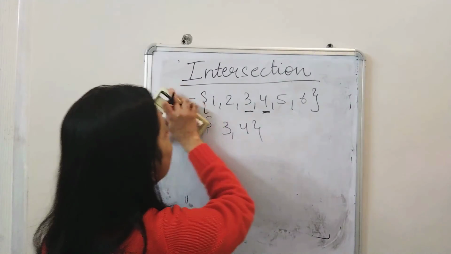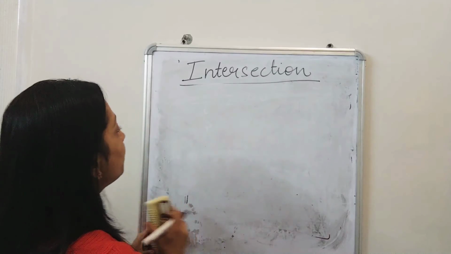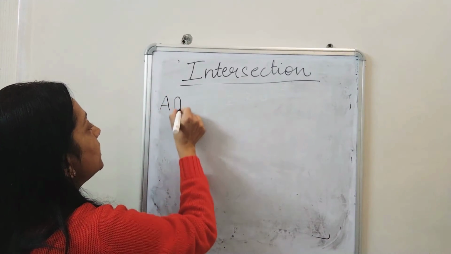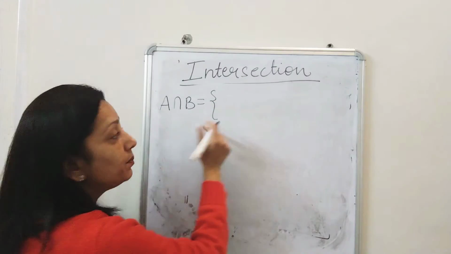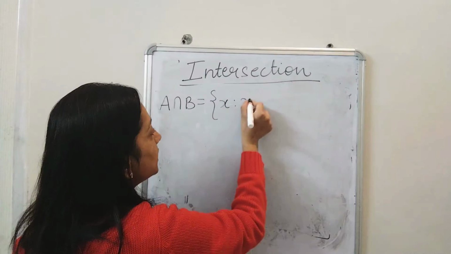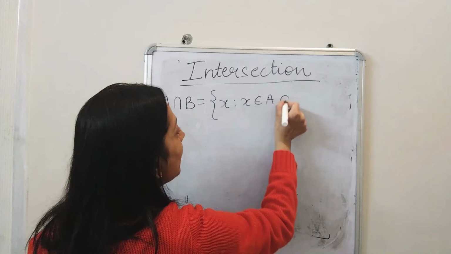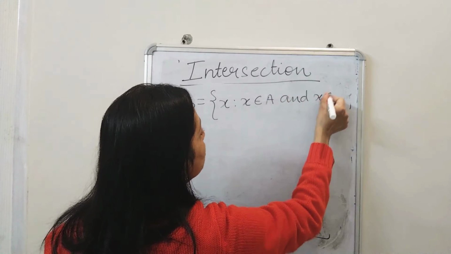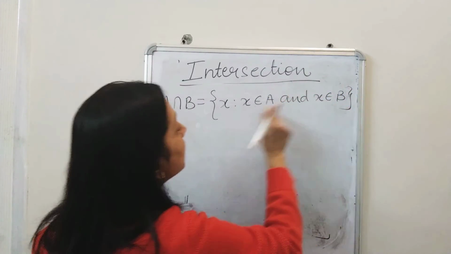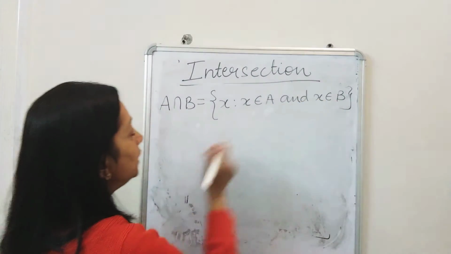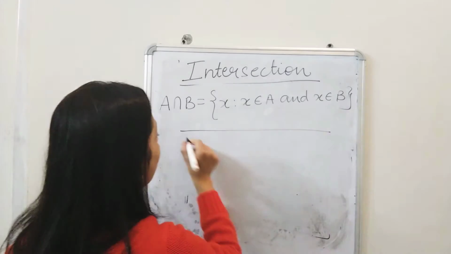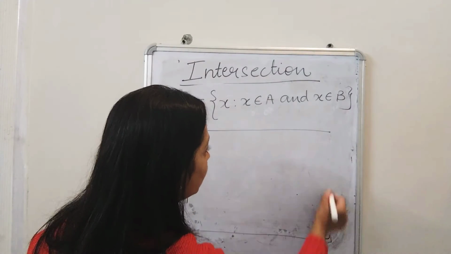If I want to state the set A intersection B in terms of its property, I will say A intersection B is a set of X such that X belongs to A and X belongs to B. So that means X is a common element of A and B. In terms of a Venn diagram, how will I state it?